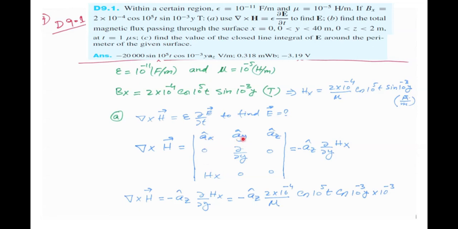So expand del cross H in the rectangular coordinate system and then simplify. We got del cross H equal to minus a_z partial by partial y of H_x. So differentiate the given x component of the magnetic field with respect to y, then divide the whole relation by epsilon, and then integrate both sides of this equation with respect to time.